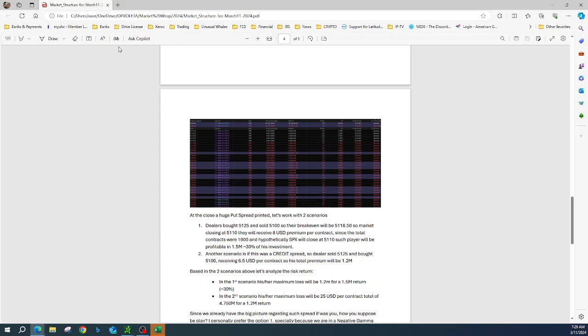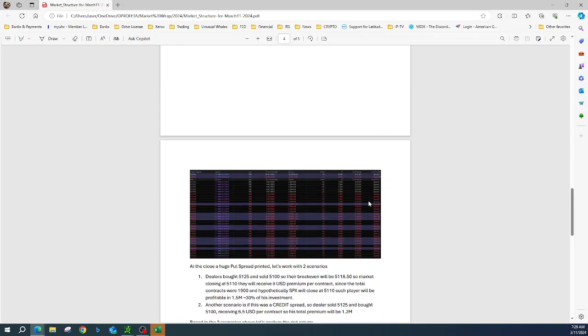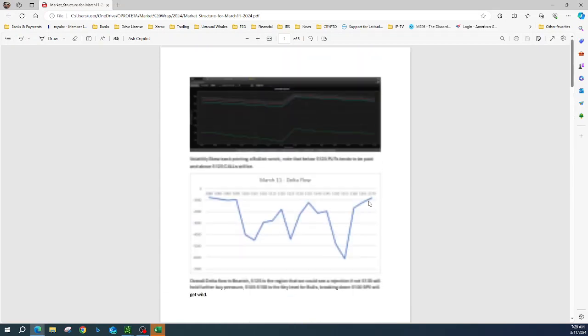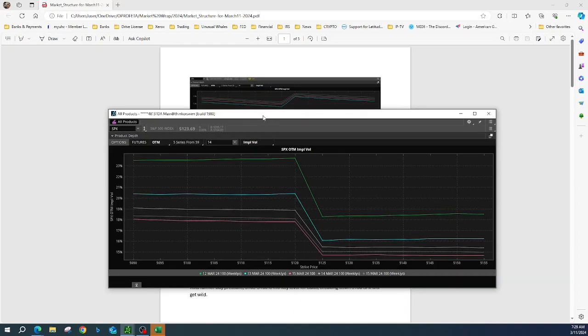Anyway, consequently, instead of a bullish volatility skew, now we have a bearish one. That's the first thing that we reviewed.